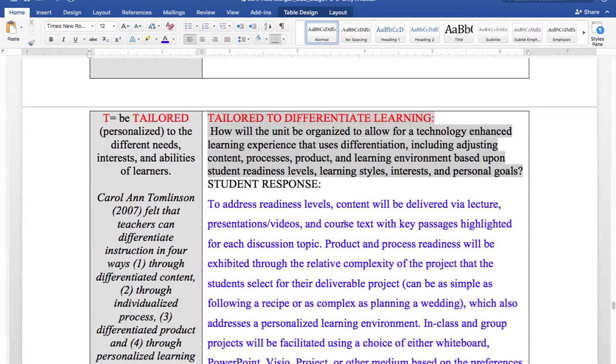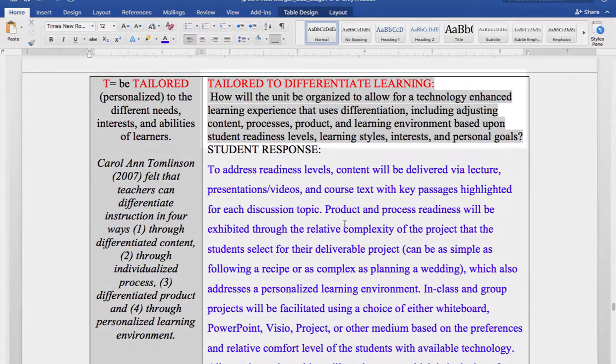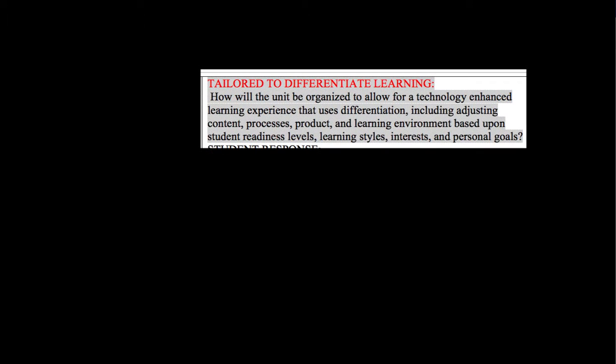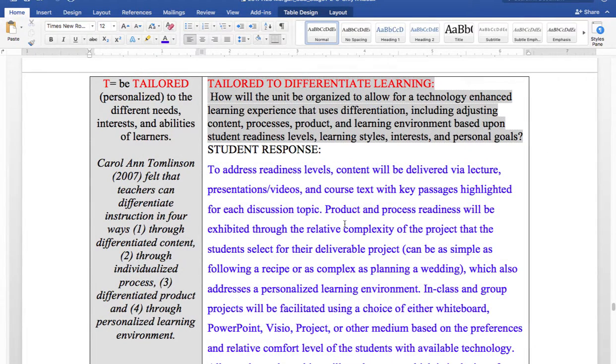And then as we move into tailoring, this is where we begin talking about differentiation and the importance of staying aligned with the original course and unit objectives and the goals that need to be met, but in doing so, also making sure that different students, with different backgrounds, readiness levels, learning styles, interests, and their own personal goals, find it appealing and effective, and yet we still maintain the same goals.